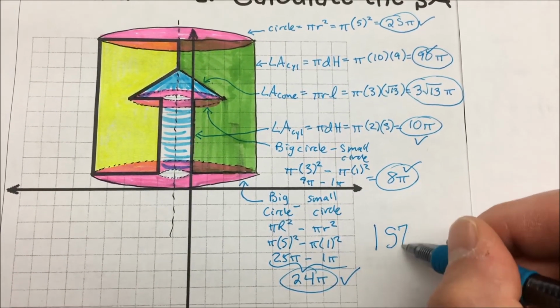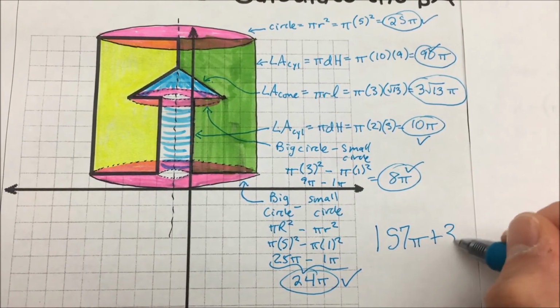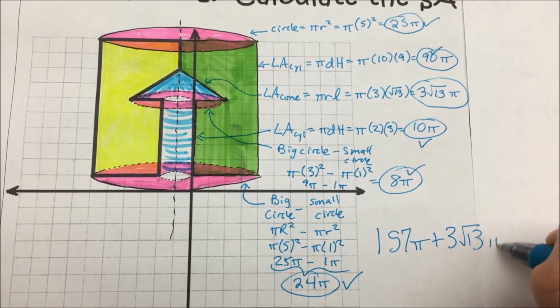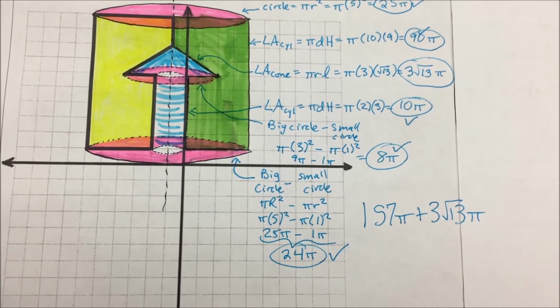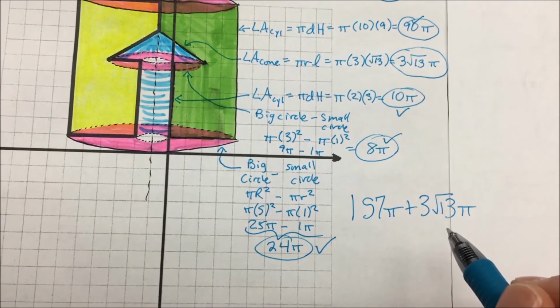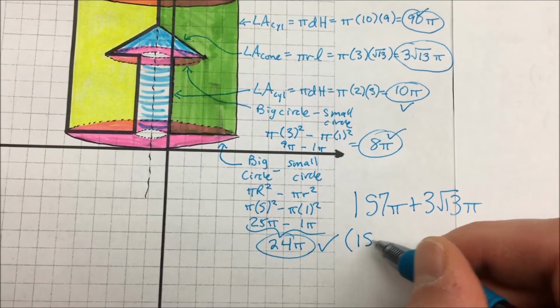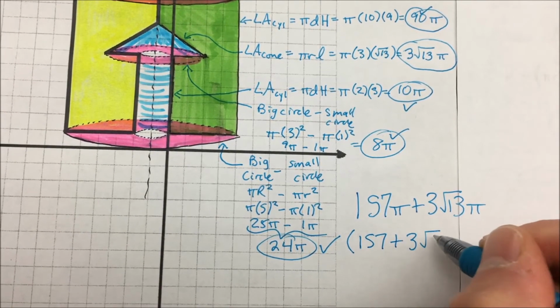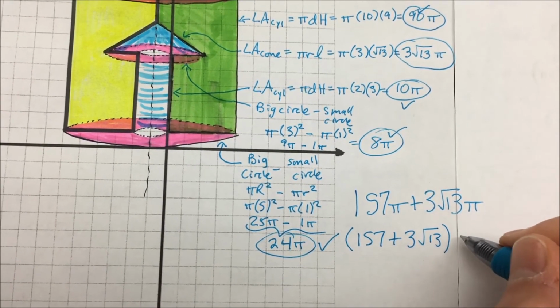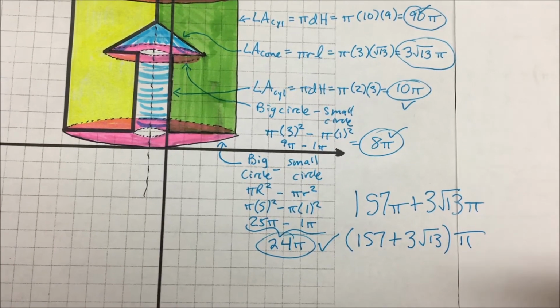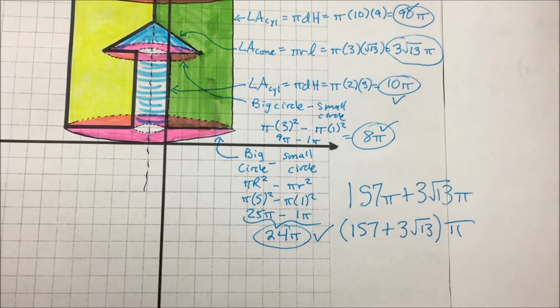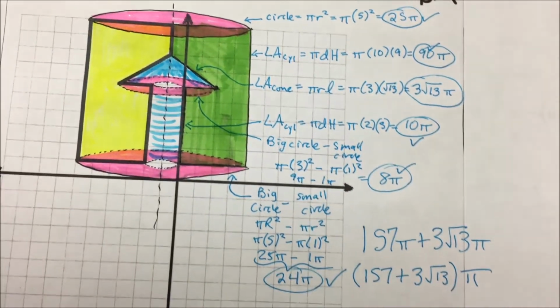So I've got 157 pi plus this other term that really didn't add well with it because they weren't like terms. So you could say that's your answer if you want. Both of these terms have pi in common, so we could say it's really 157 plus 3 root 13, that quantity worth of pi.